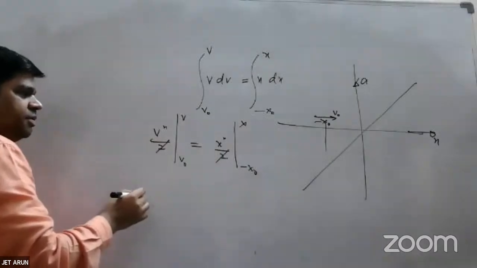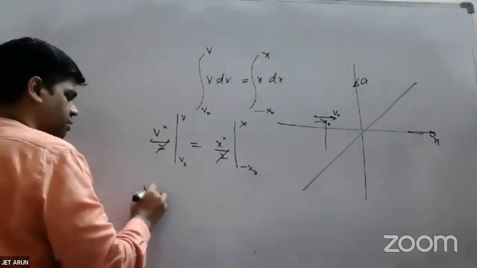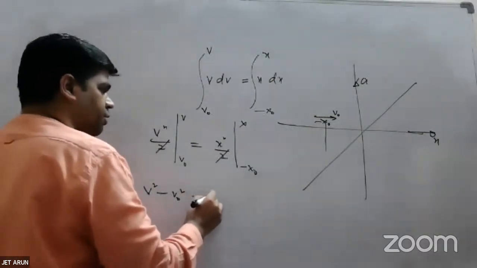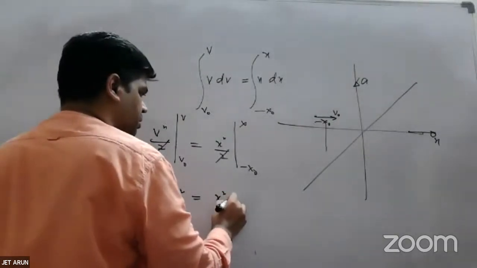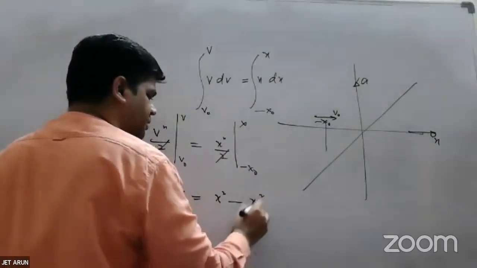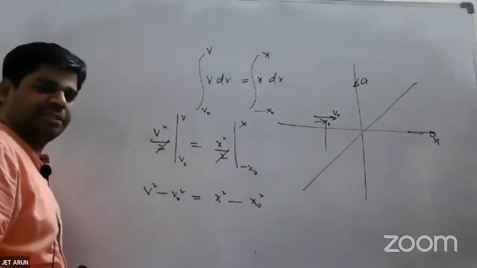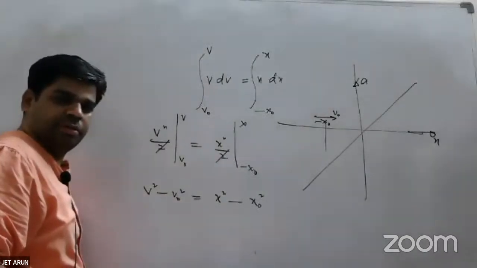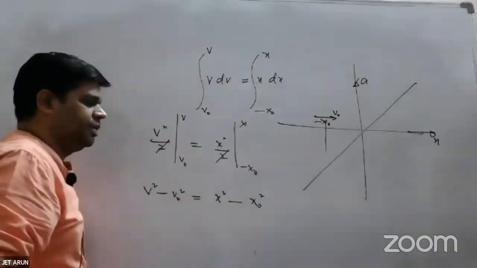v square minus v naught square is equal to x square minus minus x naught whole square.